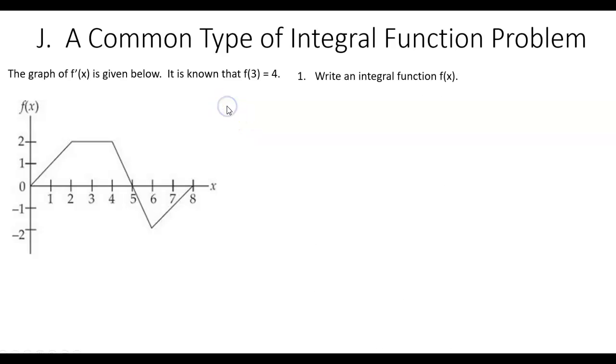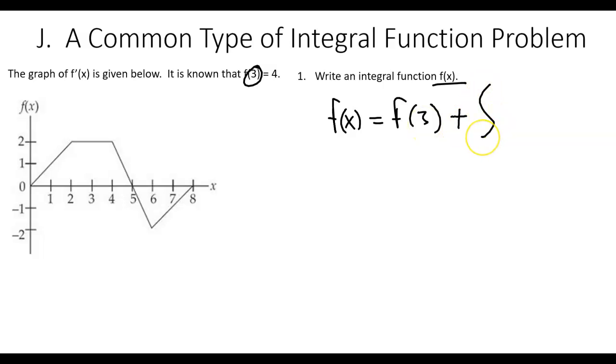The first question says, write an integral function f of x. Well, to write an integral function that gives me f of x, f of x is equal to the starting amount, which they give me as 3 here, plus the integral from 3, that's where we started, up to any number we want, x, of the derivative.